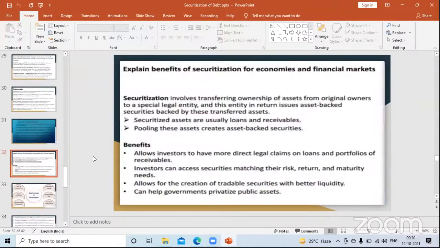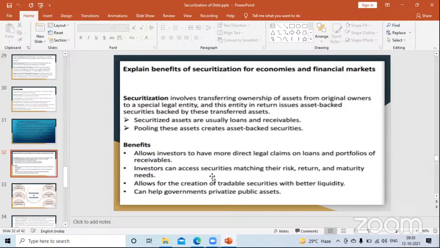This is again the same thing, but they are asking in a question format. So explain benefits of securitization for economies and financial markets. See, it allows investors to have more legal claims on loans and portfolios of the receivables. Investors can access securities matching their risk, returns, and maturity needs, because you have so many options here.